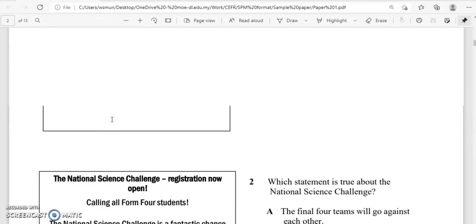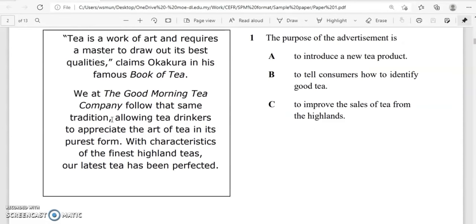Let's try out one sample question in Part 1. Let's take number 1. Okay. Now I give you 1 minute to read through the question and try to answer it on your own.